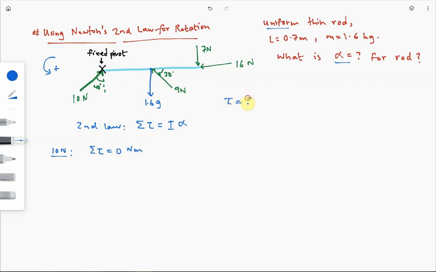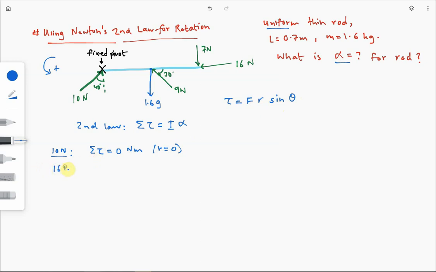Torque is the magnitude of the force times the distance R from the force application point to the fixed pivot, times the sine of the angle between F and R. Then here R is 0. There is no distance between the force application point and the fixed pivot. Hence the torque is 0.